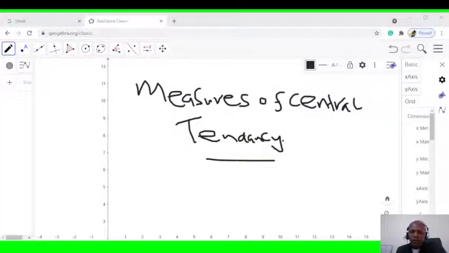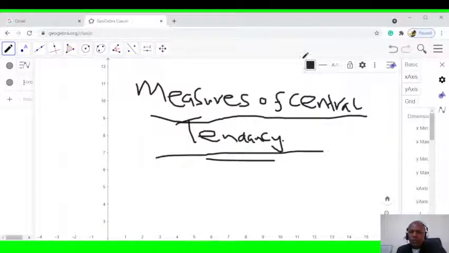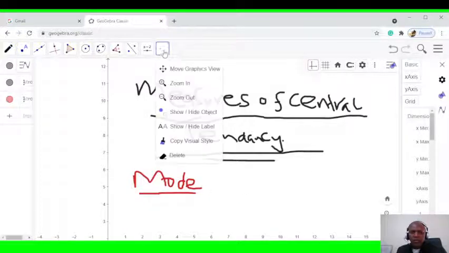Now, as you realize, today's lesson is on these measures of central tendency, and allow me to look at the mod. Now, what is mod?